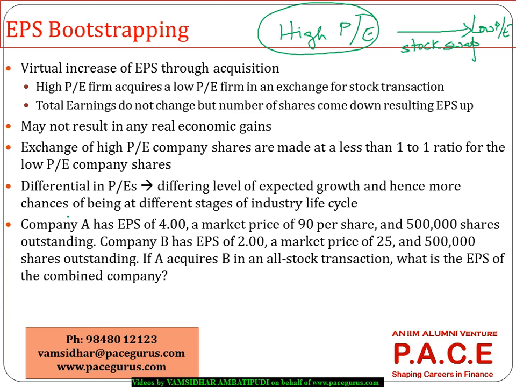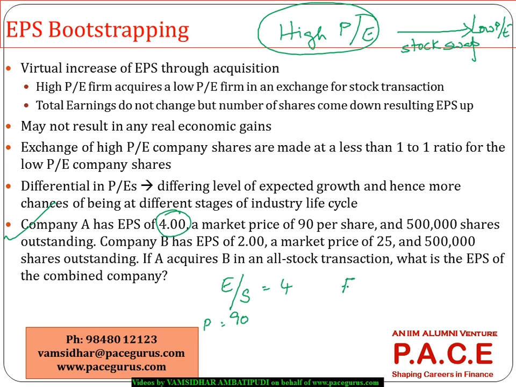Let's look at this example and try to understand it. Company A has an EPS of 4, earnings per share is 4, and market price is 90 per share. So what is its P by E?